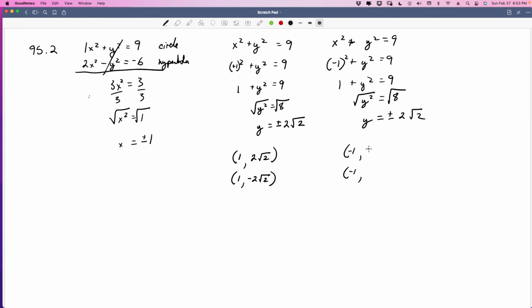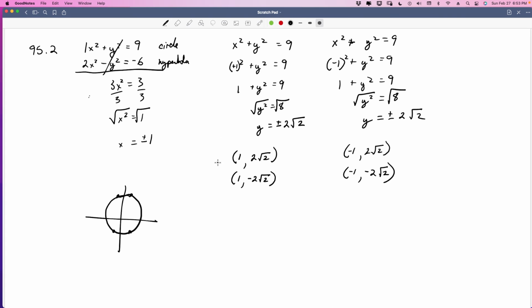We could have 2 times the square root of 2, or we could have negative 2 times the square root of 2. And if you think about the fact that this is a circle, it's going to look something like this. There's the potential for this point and this point and this point and this point all to be opposites of each other, which is what we have here.